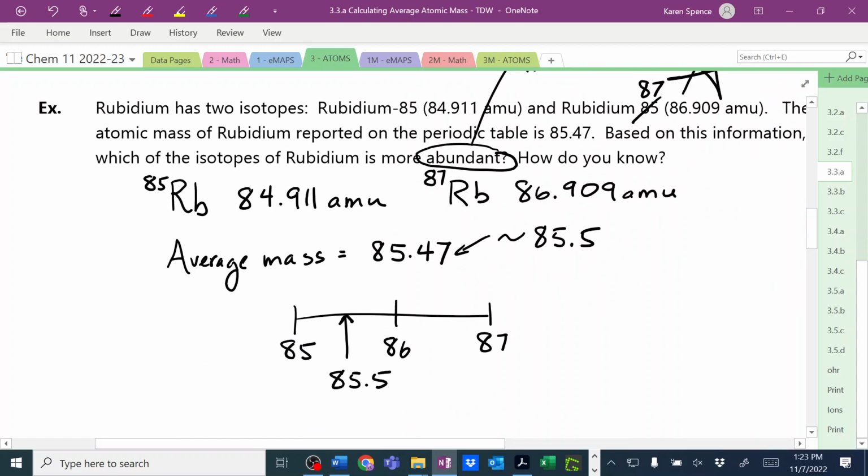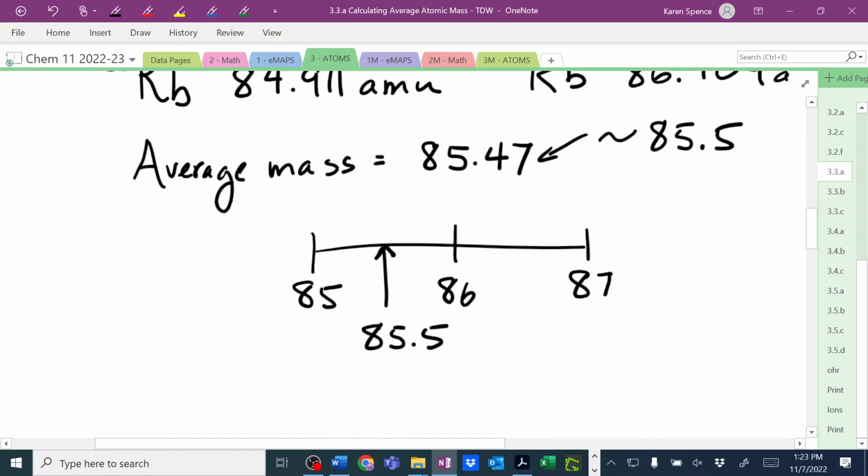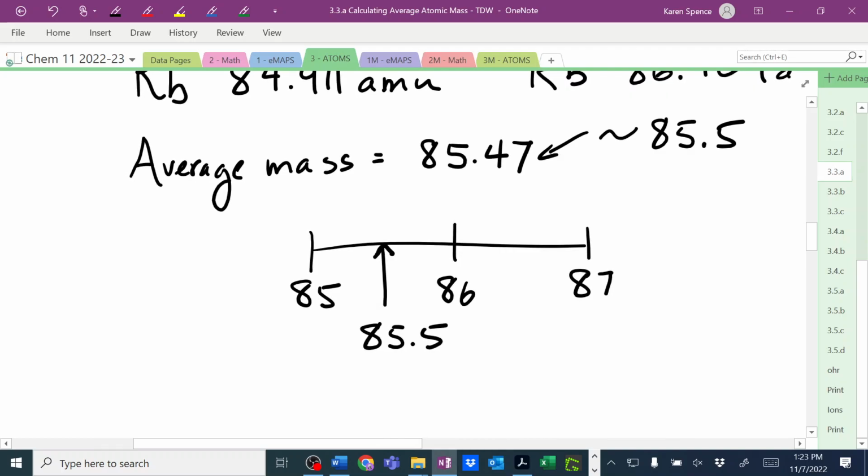So if we look at that, which isotope is more abundant, the 85 or the 87? Which one do we have more of? Yeah, the average mass is closer to 85 than it is to 87.